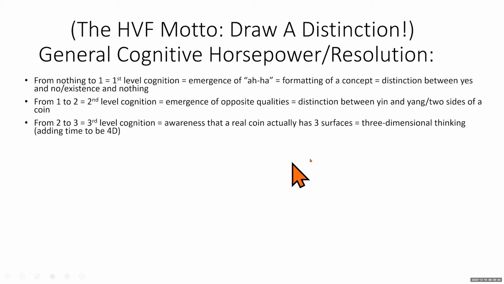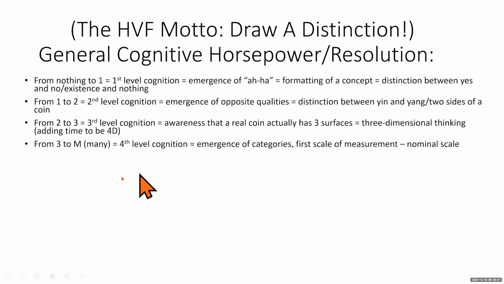So here we have 3-dimensional thinking. And if we include time here, the thinking framework becomes 4-dimensional. But still, from 3 to M, meaning many, from 3 to many, I call 4th level cognition.